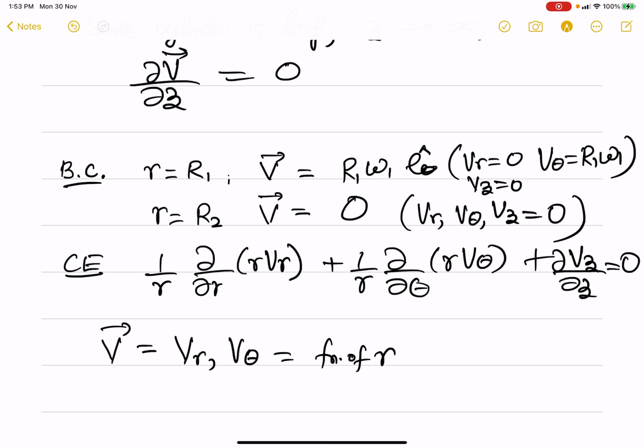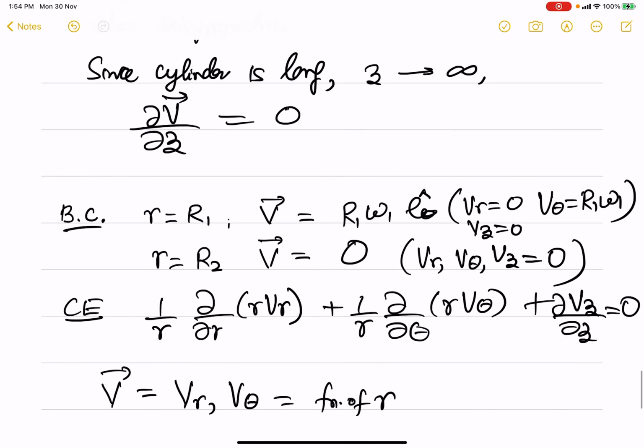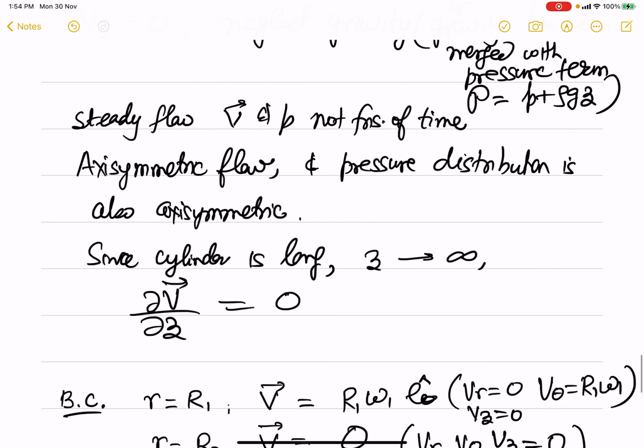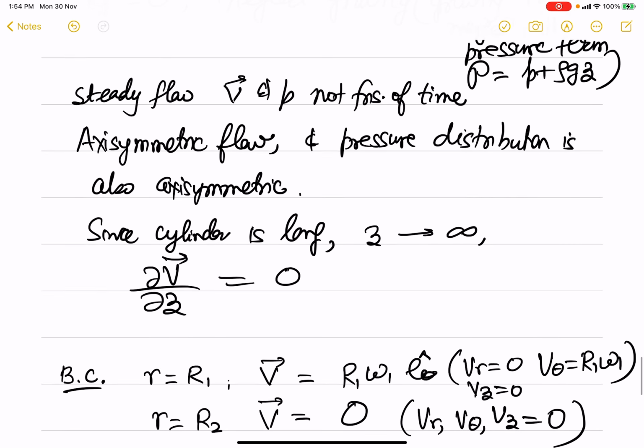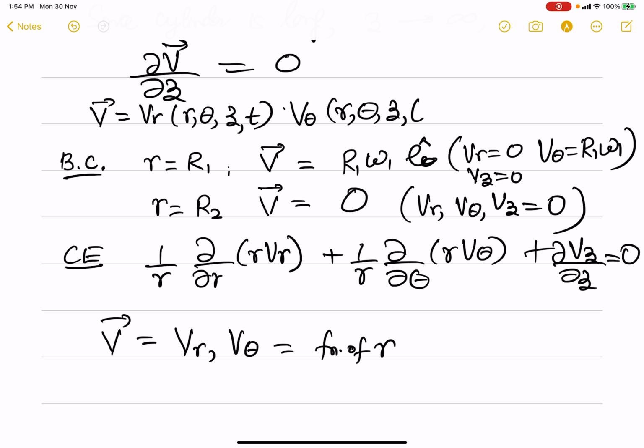Why? Because it's given to us that velocity is not a function of z, and because the flow is axisymmetric, velocity and pressure do not depend upon theta. And because the flow is steady, they do not depend on time. So basically when we start off the problem, we have Vr as a function of r theta z t, and V theta is also a function of r theta z t, but theta it's not a function because of axisymmetry, z is given to us as a long cylinder, and t because of steady flow.